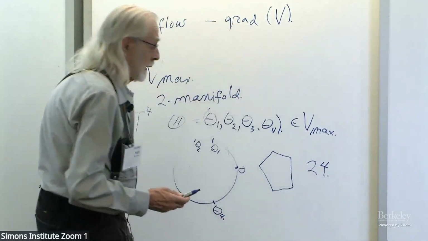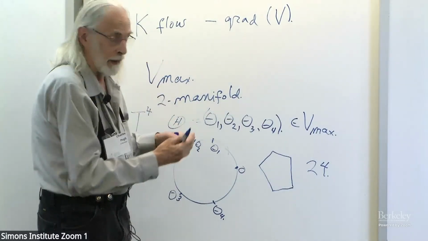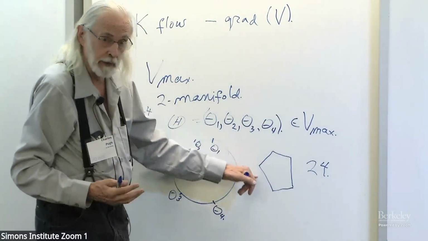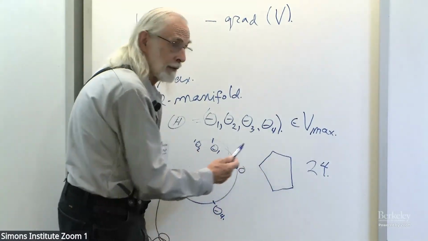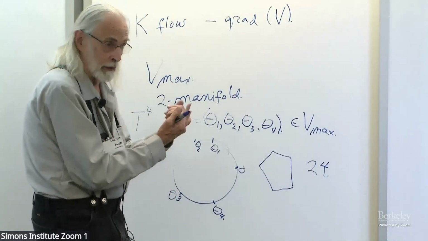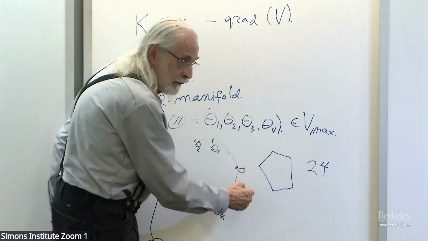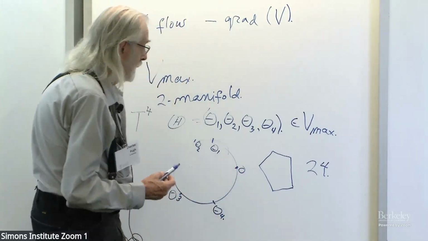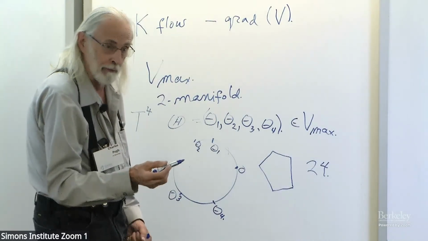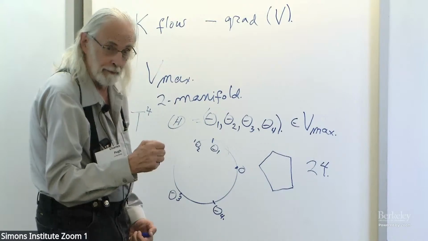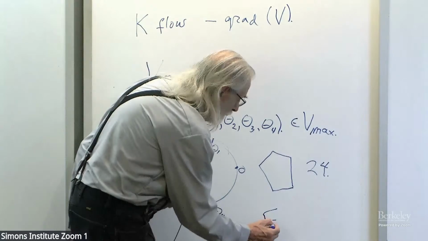So 24 pentagons form Vmax. What about the edges? You want to count things. Each pentagon has 5 edges, but you're double counting them because there's another pentagon over here. So how many edges do you have? 5 times 24 over 2, right? 30. So what am I about to do next?